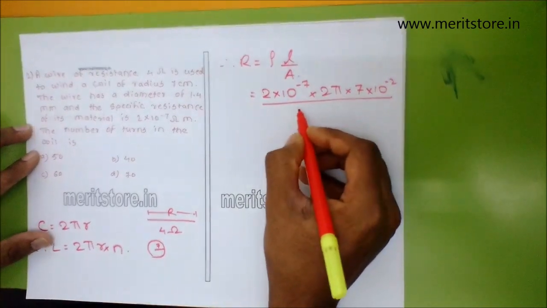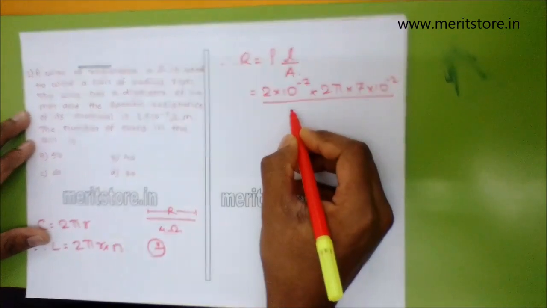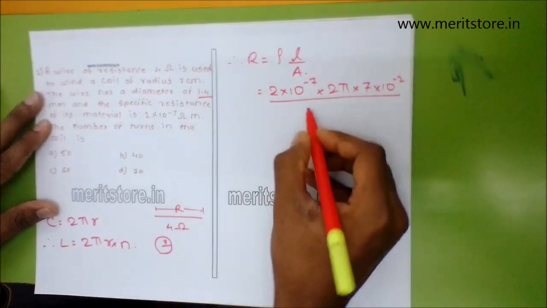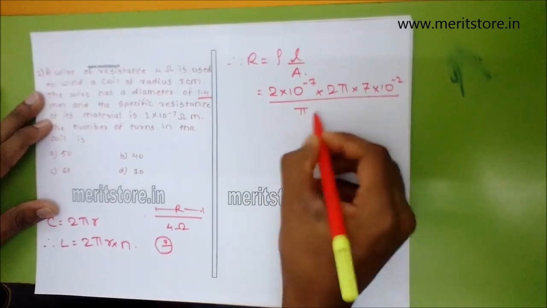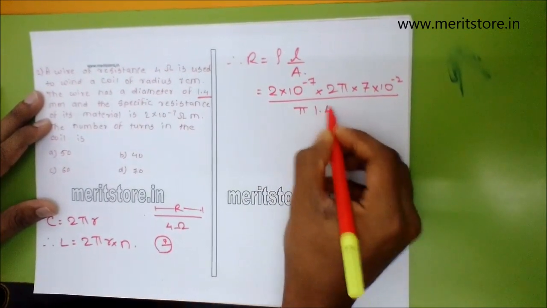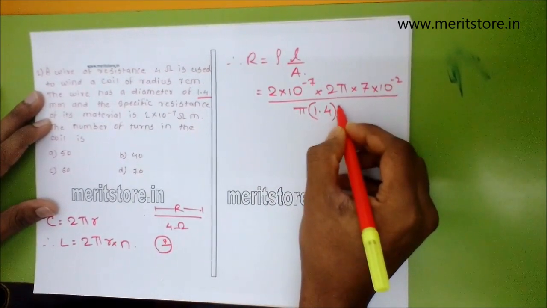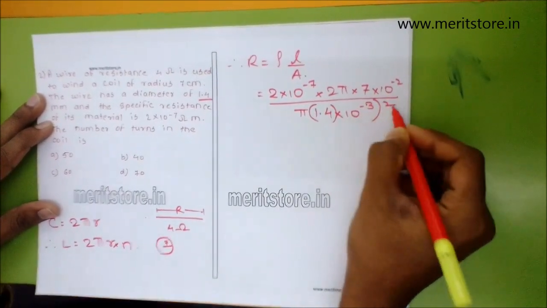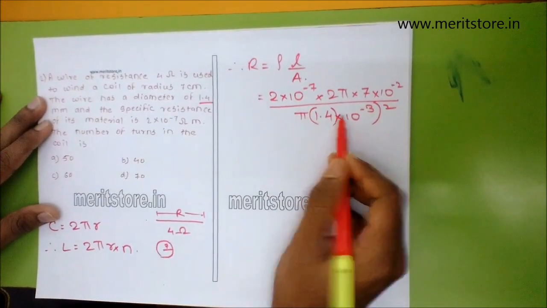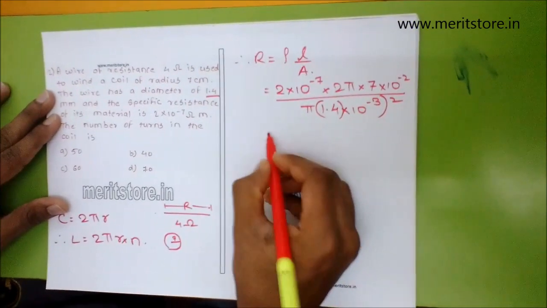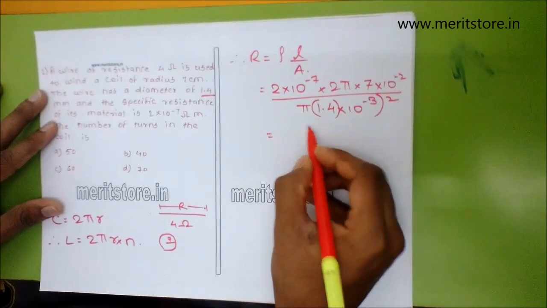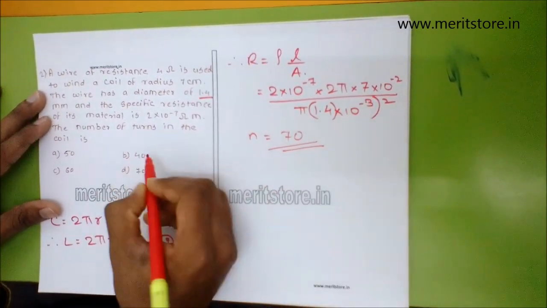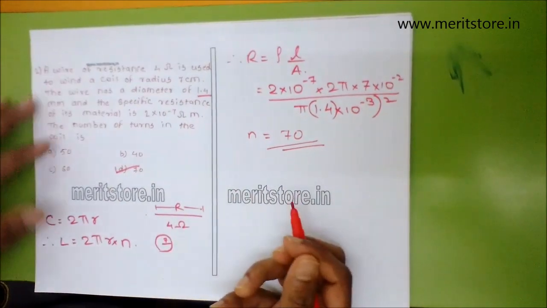The area of cross section can be found out, since the diameter is given as 1.4 mm, as pi r squared, with 1.4 × 10^-3 squared, since the diameter is in mm and we need to convert it into meters. On simplification of this, we get n as 70. Therefore, option D is the correct answer.